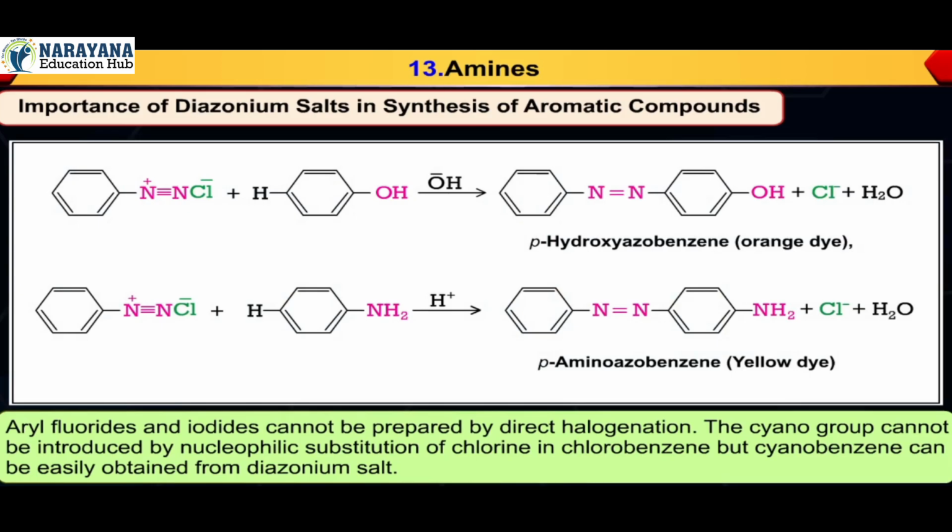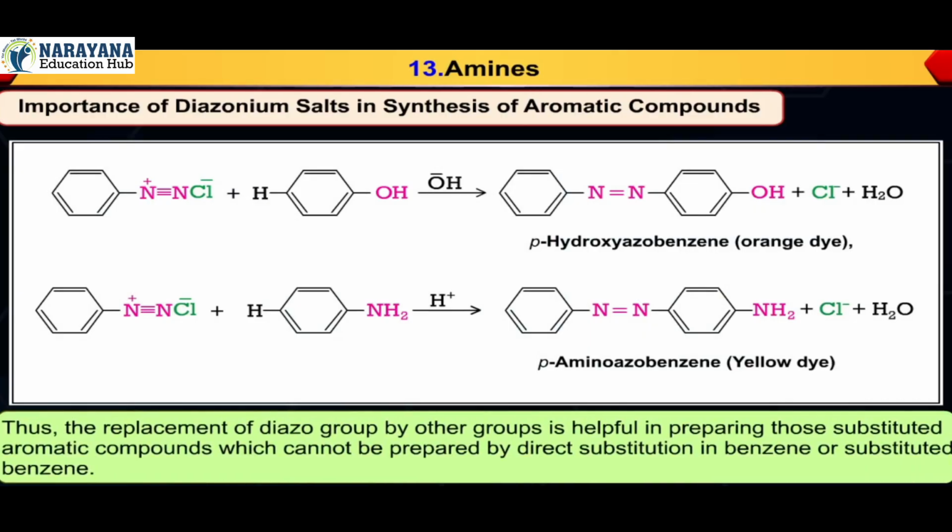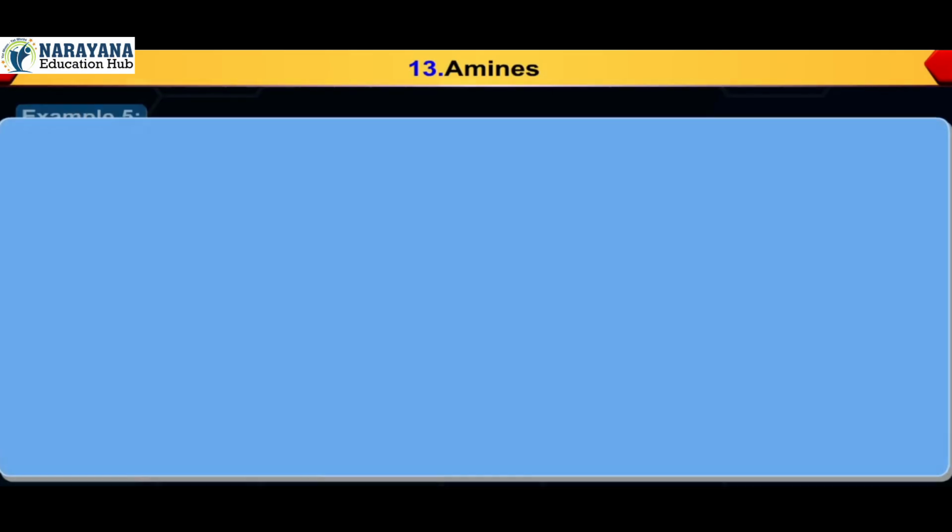The cyano group cannot be introduced by nucleophilic substitution of chlorine in chlorobenzene, but cyanobenzene can be easily obtained from diazonium salt. Thus, the replacement of diazo group by other groups is helpful in preparing those substituted aromatic compounds which cannot be prepared by direct substitution in benzene or substituted benzene.